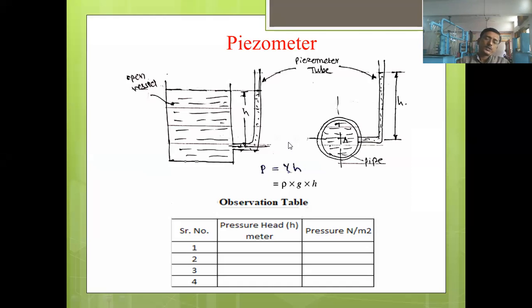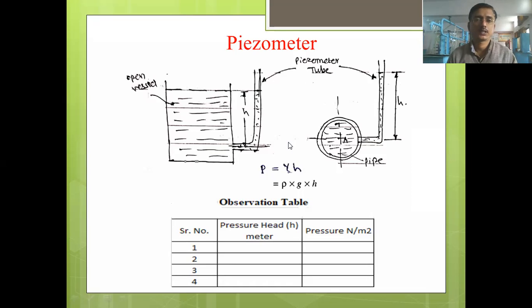Sample calculation or the formula, write the formula: pressure intensity P is equal to gamma H. Draw this diagram also in your notebook. Below the diagram, draw the observation table.